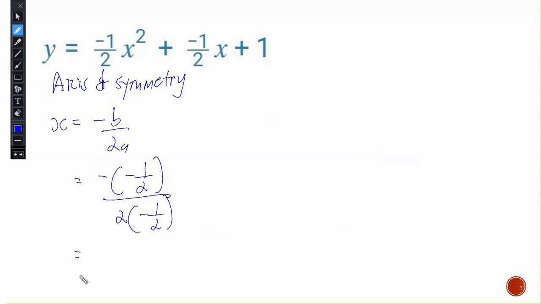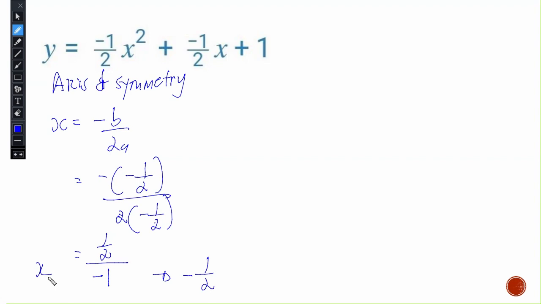Then carefully punch this into your calculator. Negative and negative will give you positive, so you have 1 over 2 up there. If you multiply this, this will give you negative 1, right? And then half divided by negative 1 is going to give you negative 1 over 2, which will become your axis of symmetry.